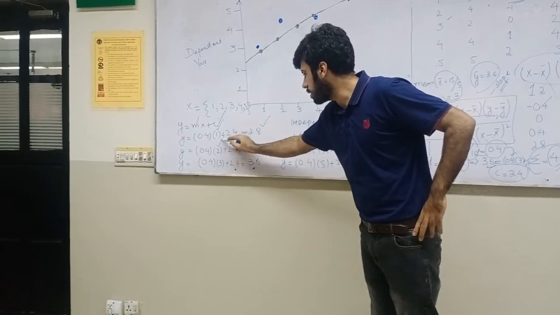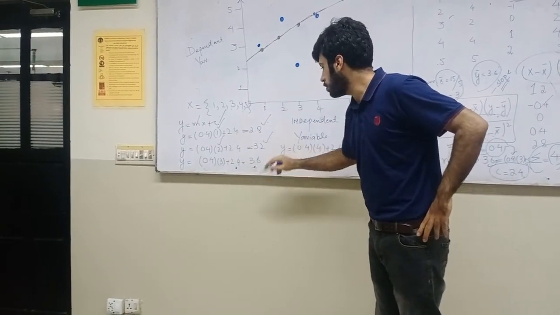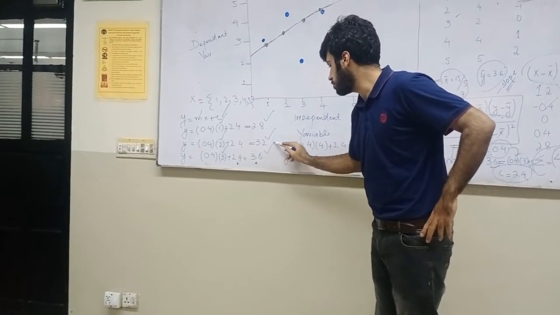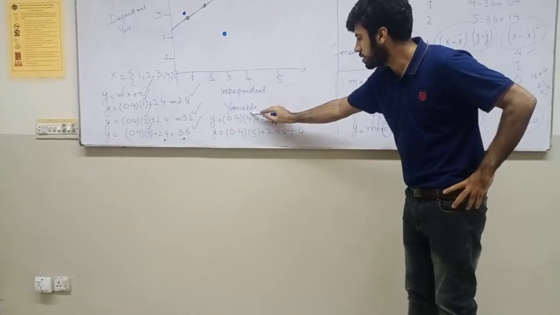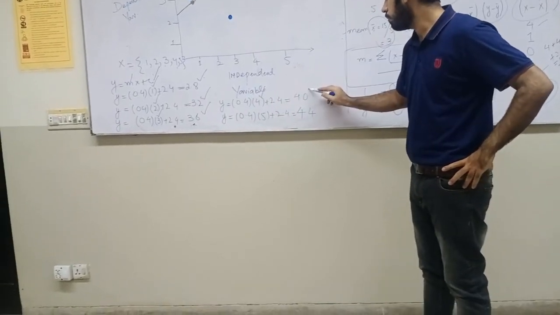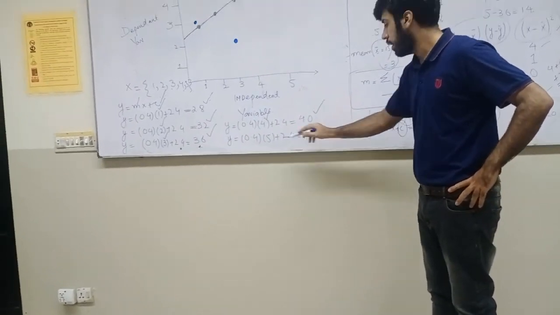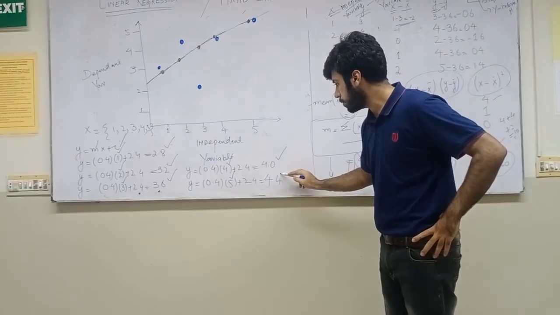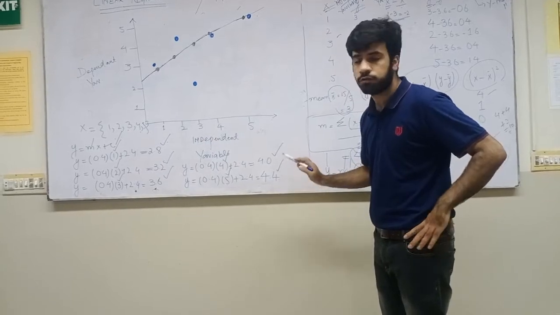Here I put the value of x as 2. I got the value of y as 3.2, and here I put the x value of 3. I got the value of y as 3.6. Now here I put the x value of 4. I got the predicted value of y as 4, and here I put the value of x as 5, and I got the predicted value of y as 4.4.